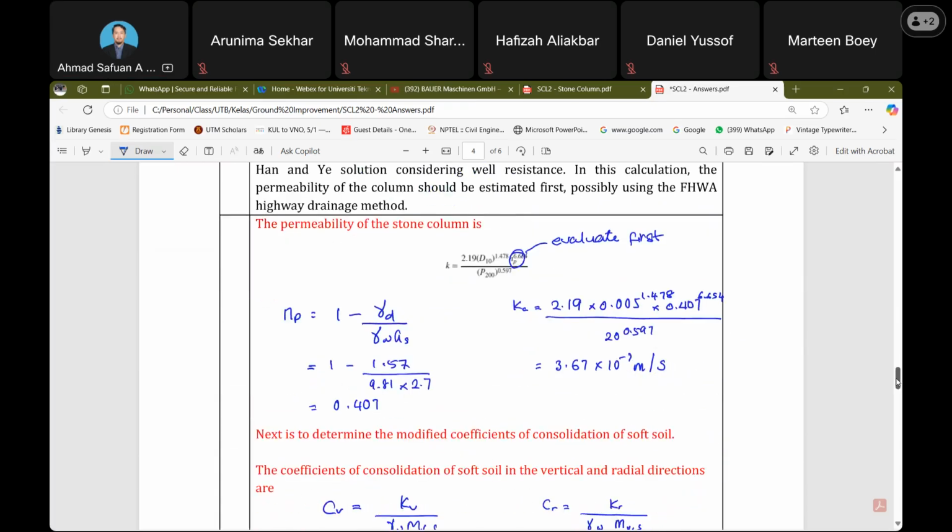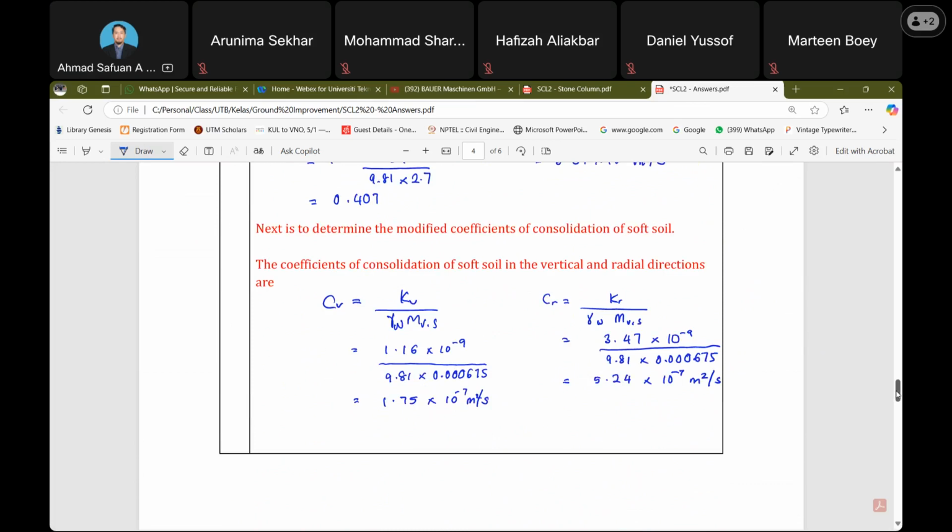Then we obtain CV and CR, which are 1.75 times 10 to the power of negative 7 and 5.24 times 10 to the power of negative 7. In this case, gamma W is equal to 9.81.